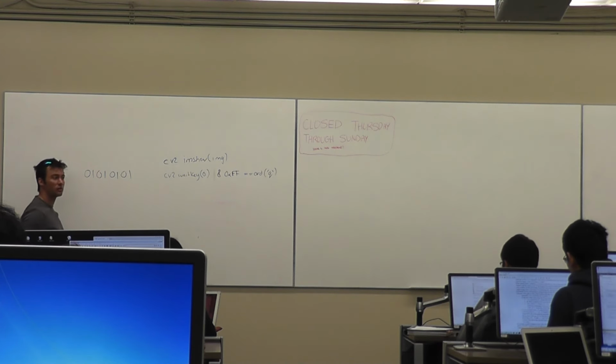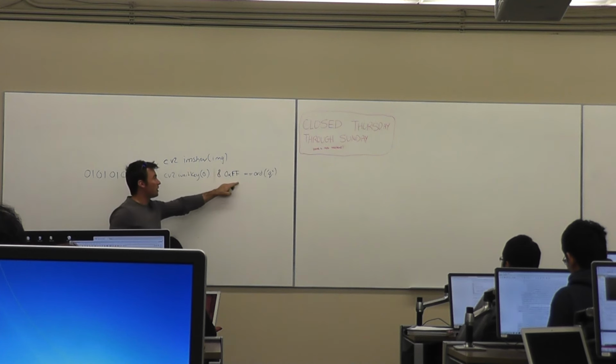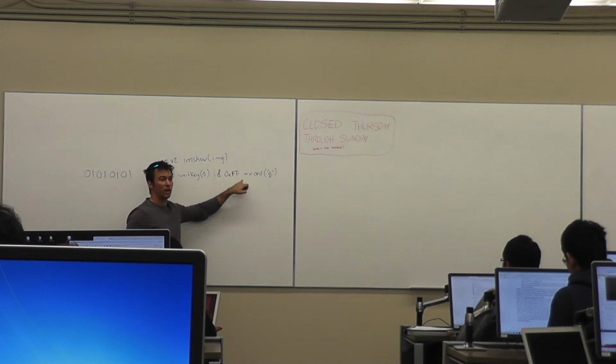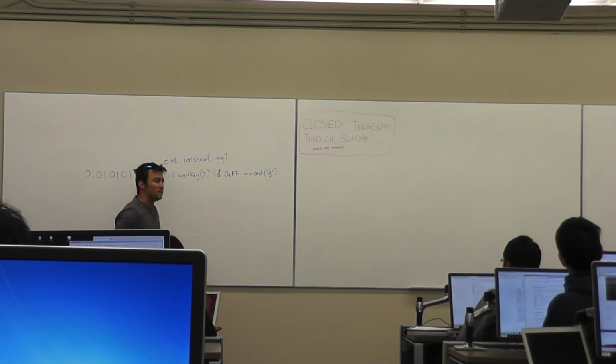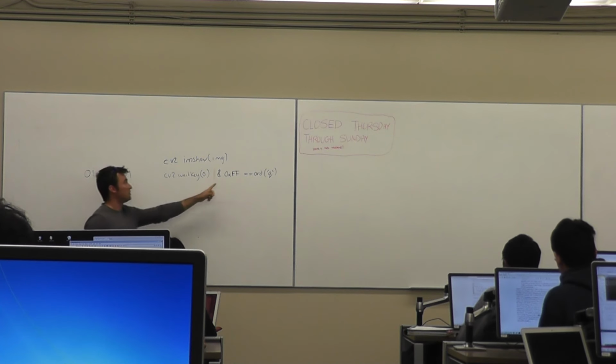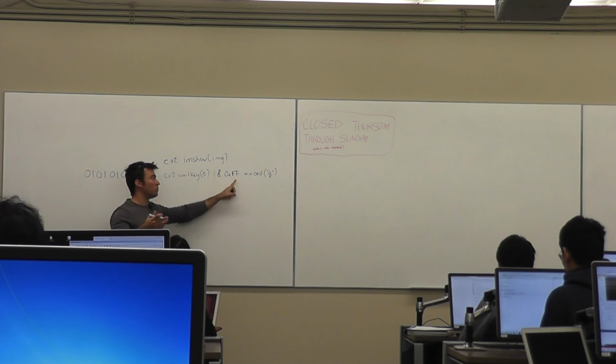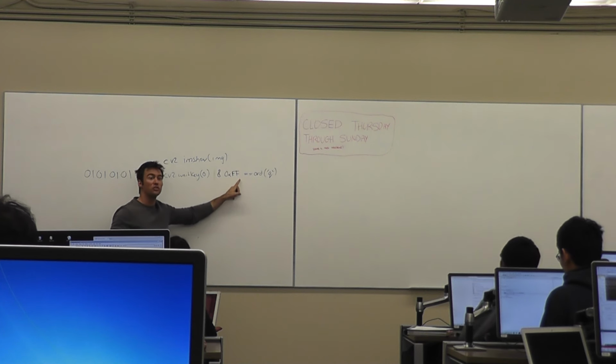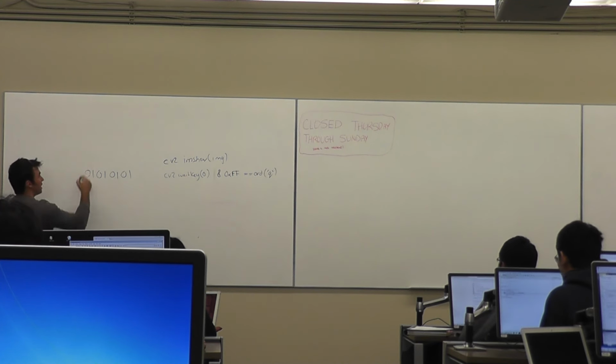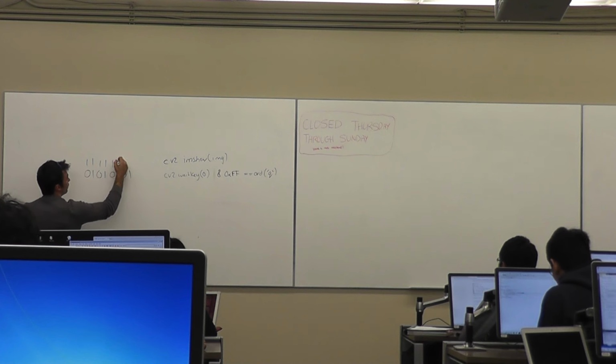Let's say that was it. 0xFF means hexadecimal FF. Hexadecimal FF is 16 times 16 minus 1, because it's 15 times 16 plus 15. That's 255. In binary, that's 1, 1, 1, 1, 1, 1, 1, 1.